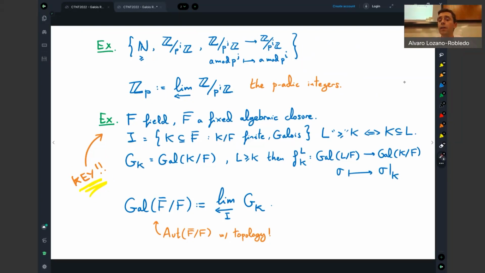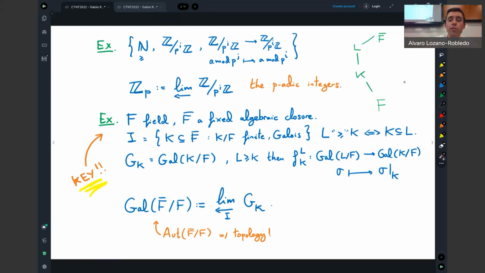The relation between these extensions is that L is bigger than K if and only if K is contained in L. If you think of towers of number fields, we usually draw them like that: we have F, then K, then L, and it would go all the way up to F bar. So L is bigger than K because K is contained in L. Great, so that's the indexing set in the projective system.